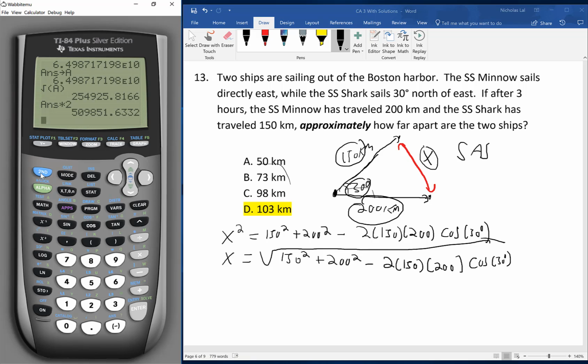And x is going to be equal to the square root of 150 squared plus 200 squared minus 2 times 150 times 200 times the cosine of 30 degrees.